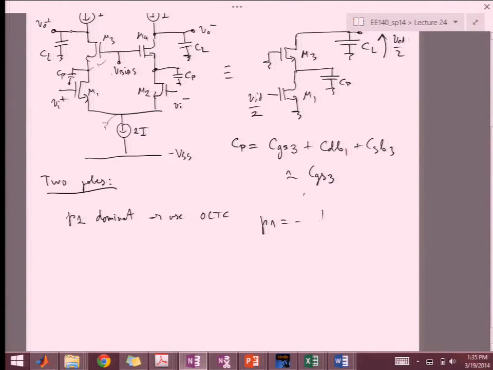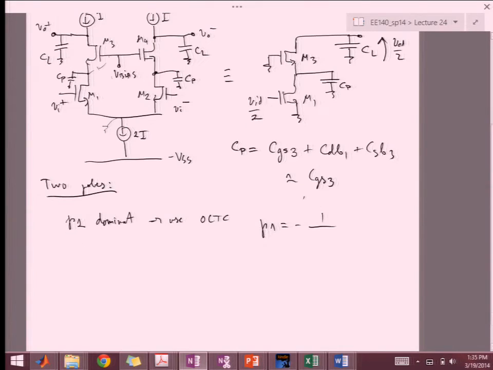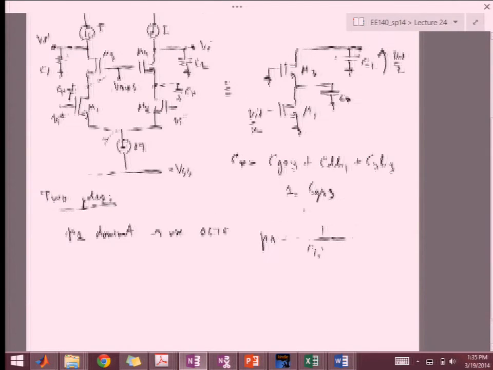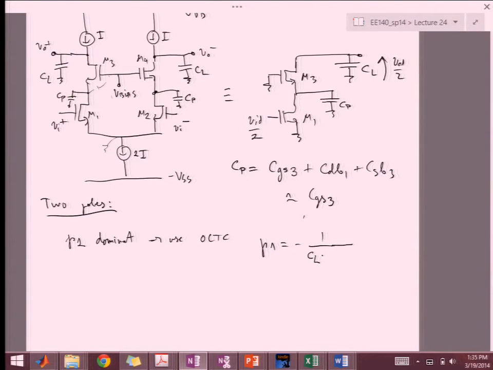It's minus 1 over our dominant capacitor, let's say CL, times what? What's the resistance that CL sees while CP is open? Yeah, so it's seeing the R out, right?